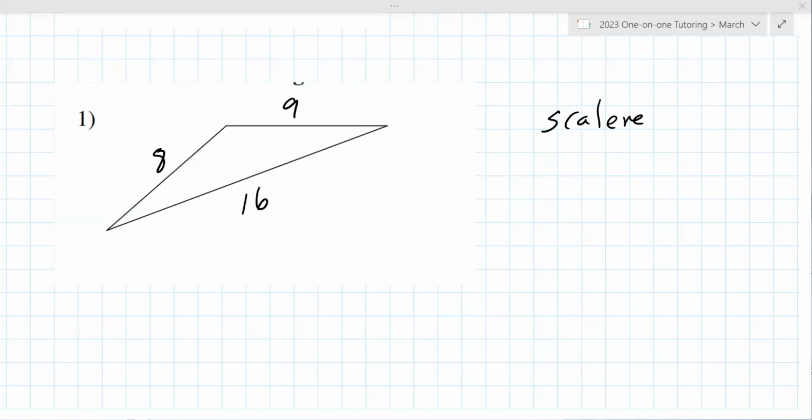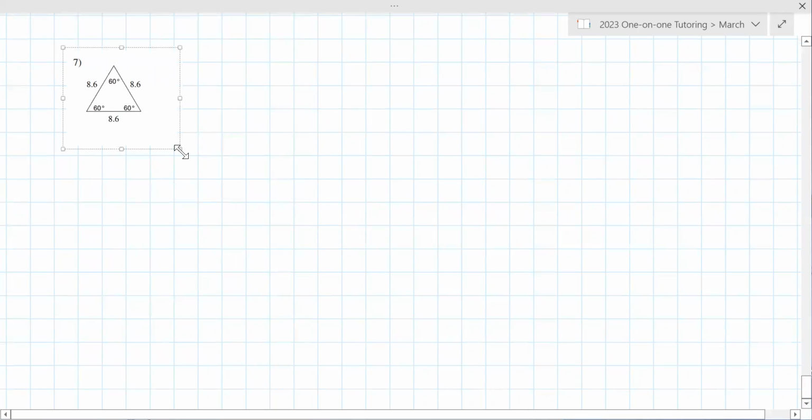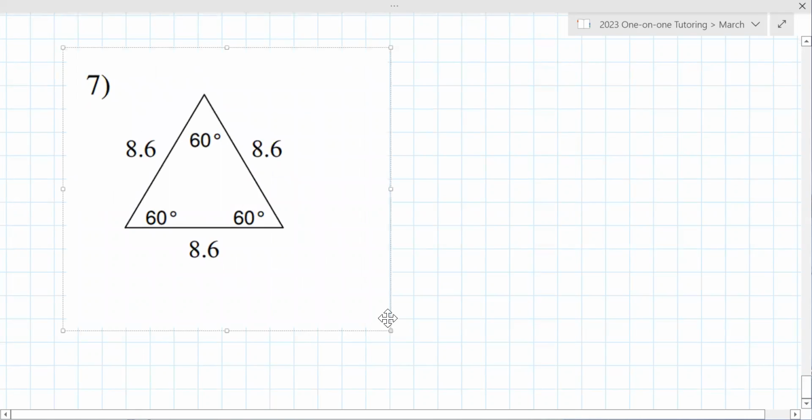All right, so here's another one for you to look at. It's got more information in it, but I just want you to look at these sides. Look at the three sides. Equilateral.